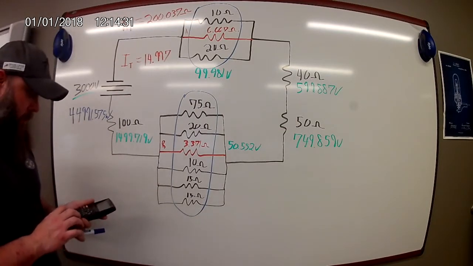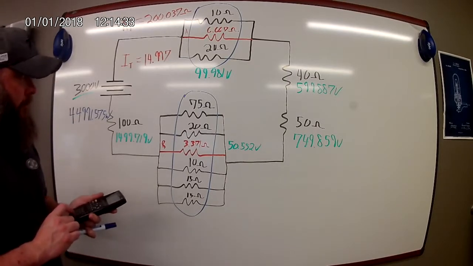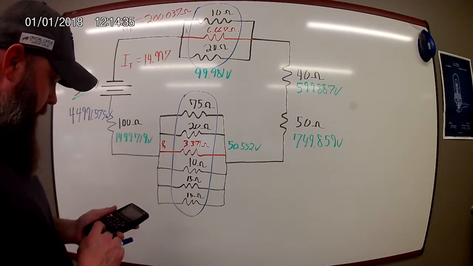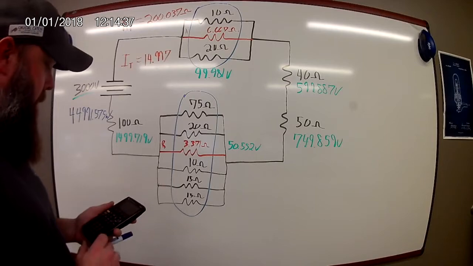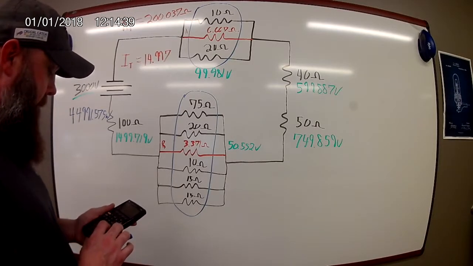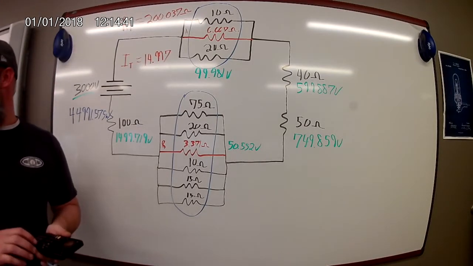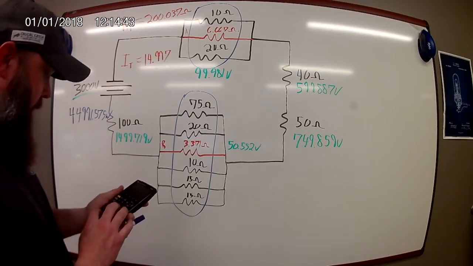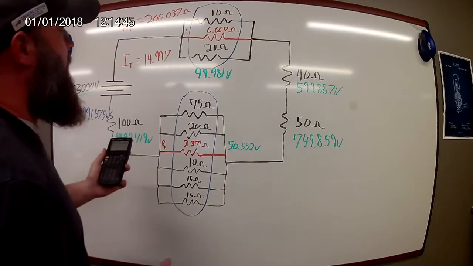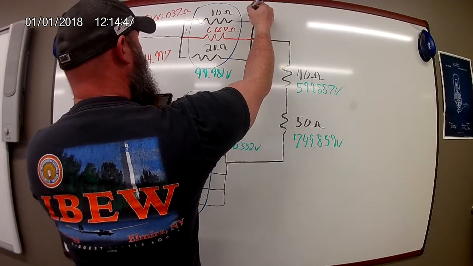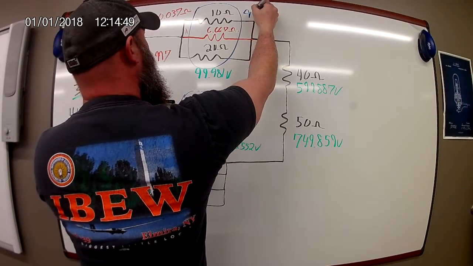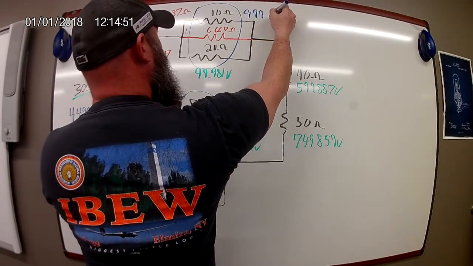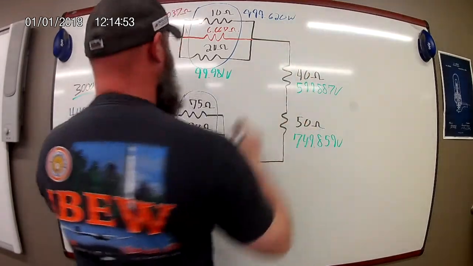So, since we know our voltage here, let's just go through and start solving for some of these. We're going to take E squared divided by our resistance of 10. So this 10 ohm resistor is going to be dropping 999.620 watts.